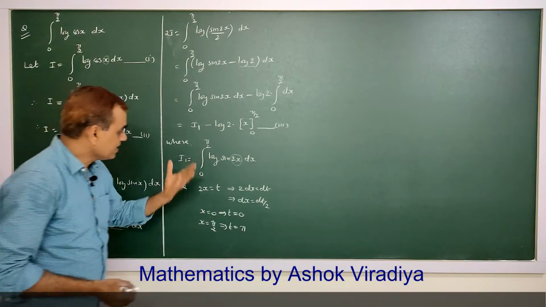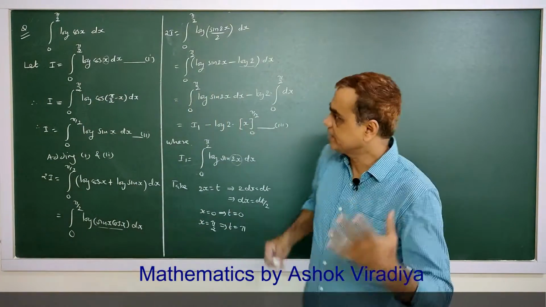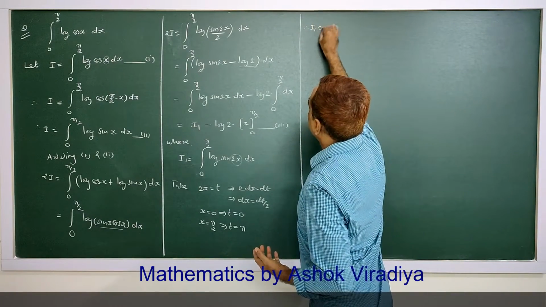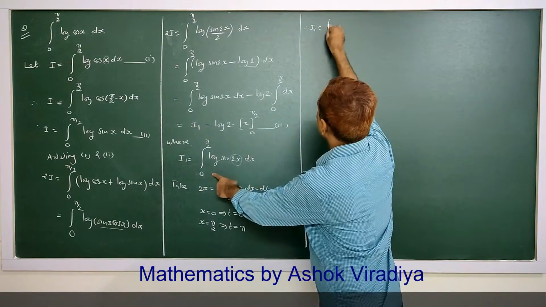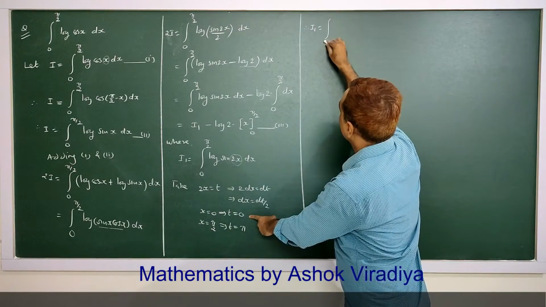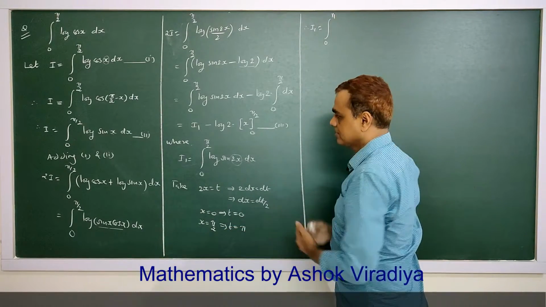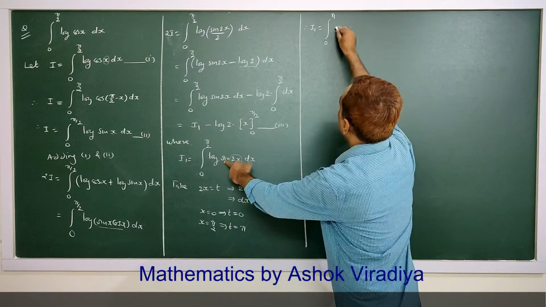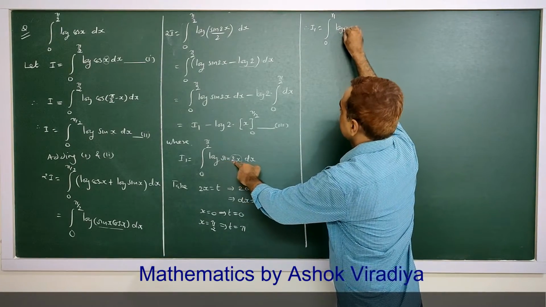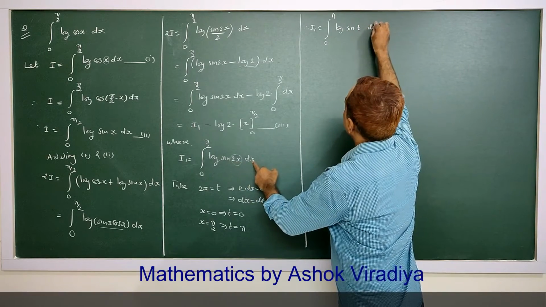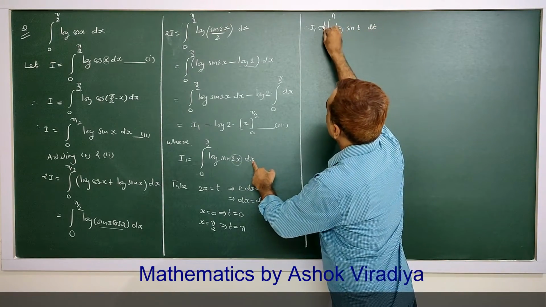So converting this in t, I1 is equal to 0 to pi of log of sin t, dx is dt, and the 1 by 2 keep outside.